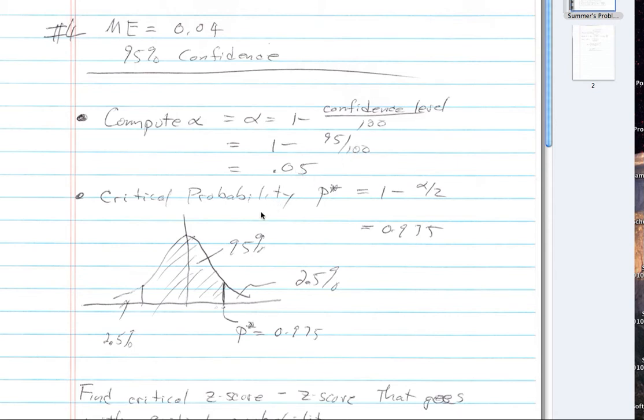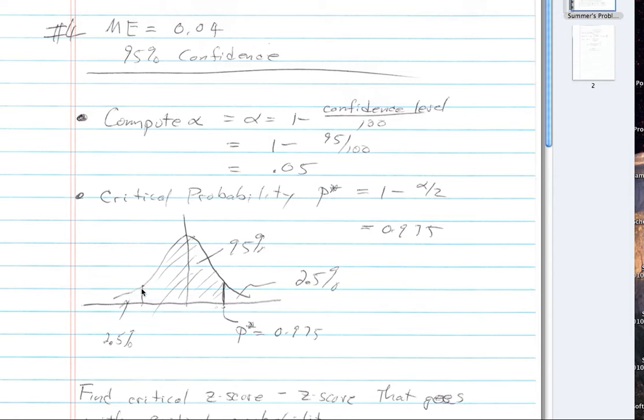And what that means is that if we were going to look at our probability curve, what we want is to have 95% of our probability in that confidence interval. That means that 5% is outside the confidence interval.